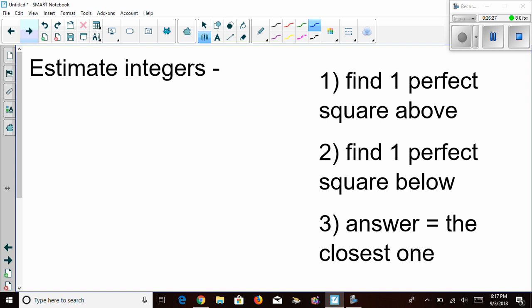So, for example, if I ask you to estimate the square root of 12, to do that, I'm going to pick numbers close to 12 that are perfect squares. Well, 9 is close to 12, and I know how to find its square root. On the other side, 16 is another perfect square I know, and I know how to find its square root.